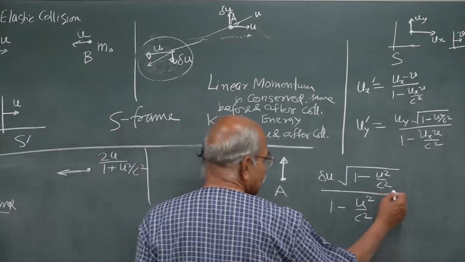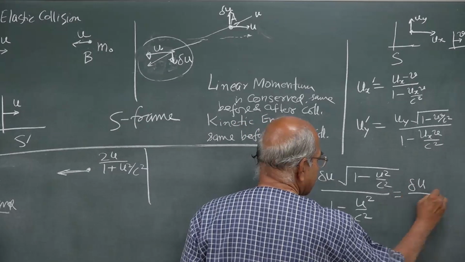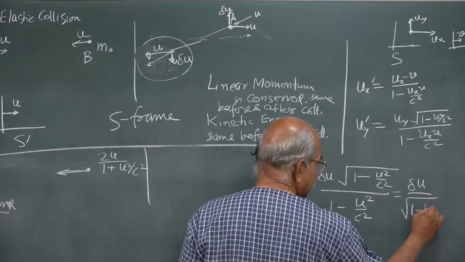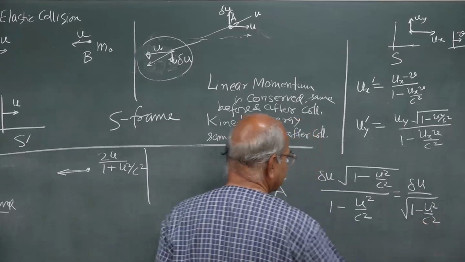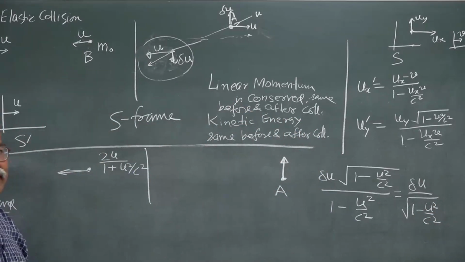Therefore this is delta u divided by the square root of 1 minus u squared by c squared. So that is particle A.